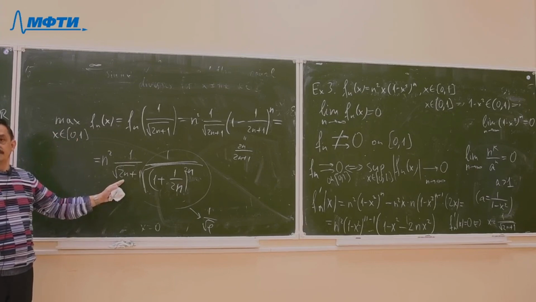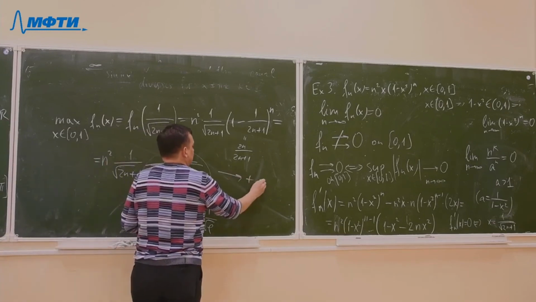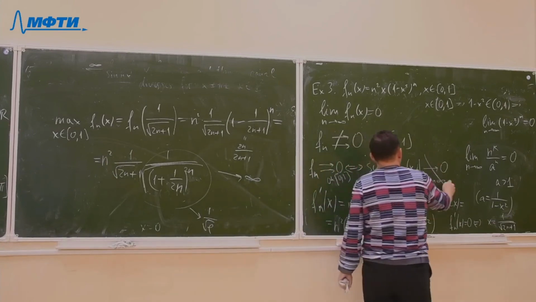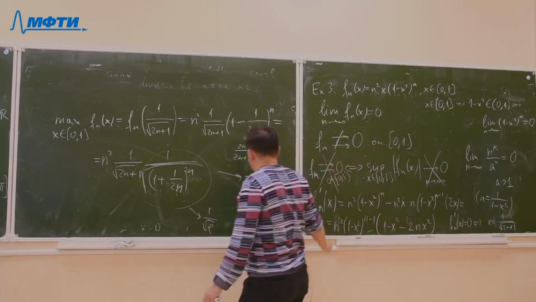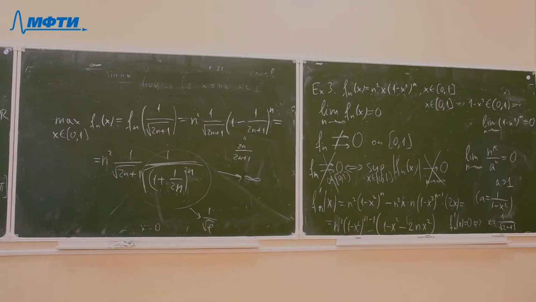So it means that the maximum tends to infinity. It means that the supremum does not tend to 0. Hence, the sequence does not converge uniformly, although the limiting function is identically 0.